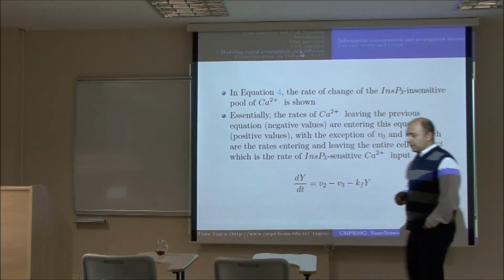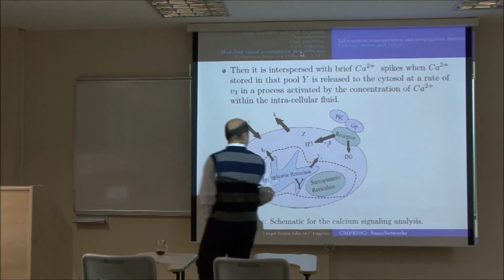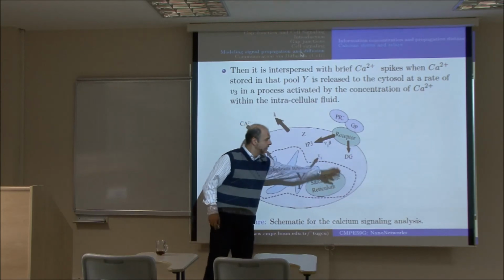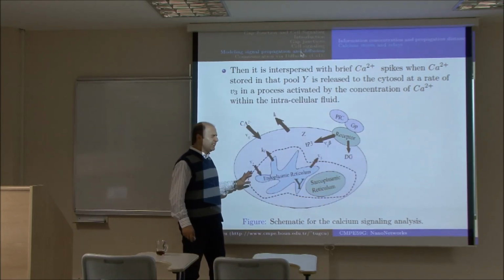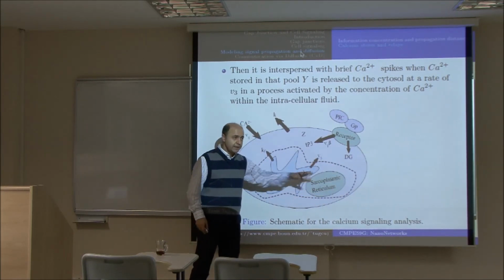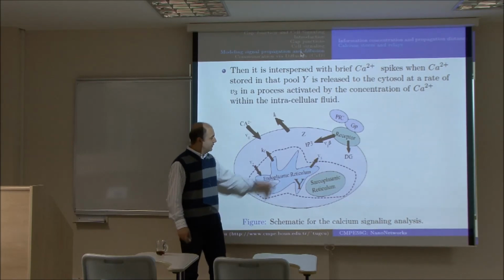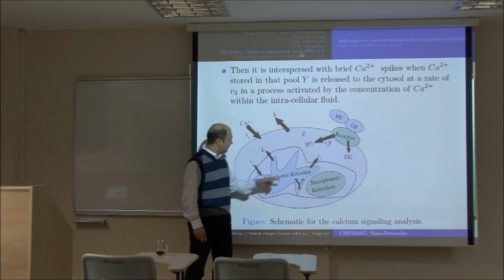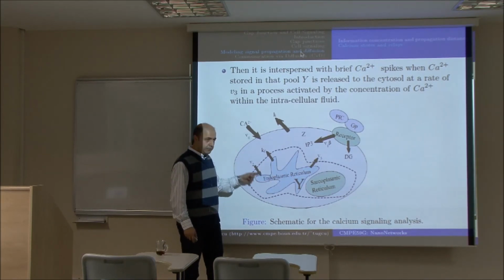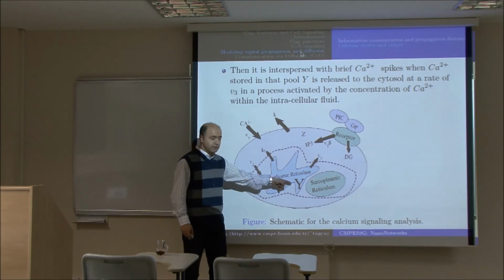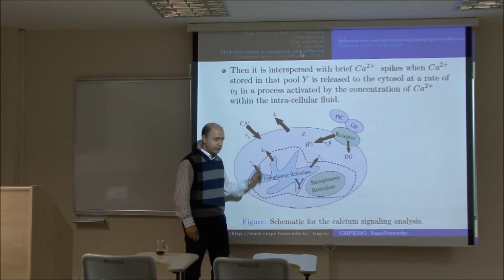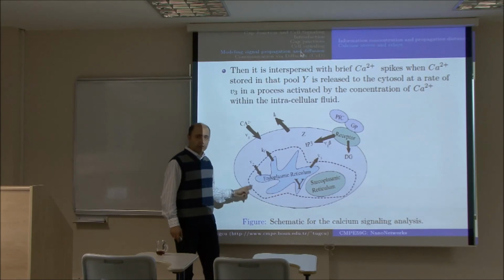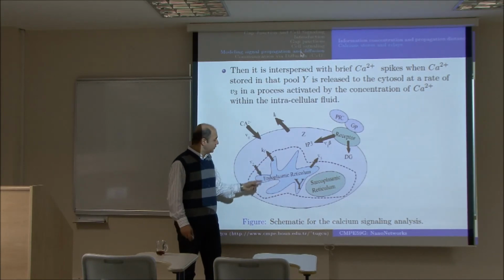If you look at what is going on inside this calcium pool, it's a similar thing. We have V2 causing an increase in Y. Remember, Y is the concentration of calcium inside the calcium pool.